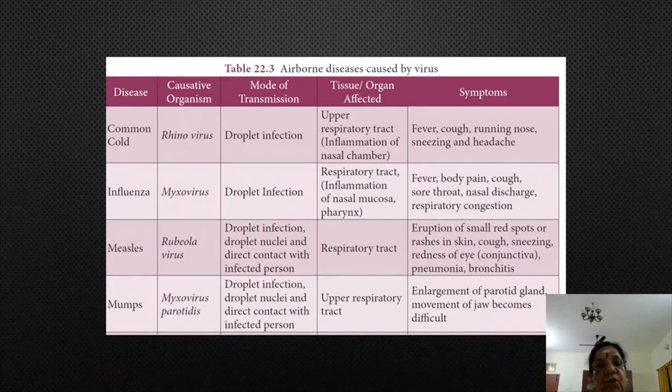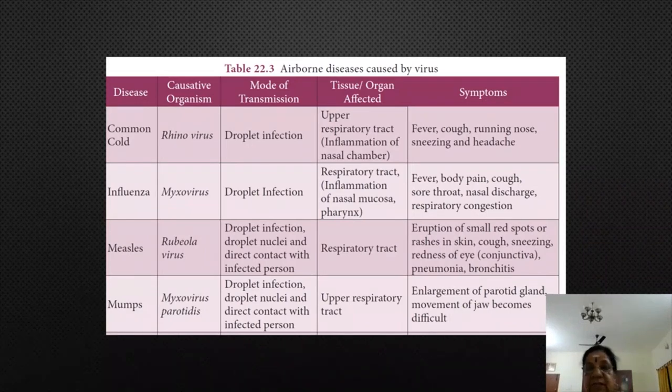Causative organism: common cold, rhinovirus; influenza, myxovirus; measles, rubeola virus; and mumps, myxovirus. Normally, mumps will affect the parotid gland in the cheek. It is a salivary gland. There are 3 pairs of salivary glands we have studied. When the parotid gland is inflamed, it causes the disease mumps.